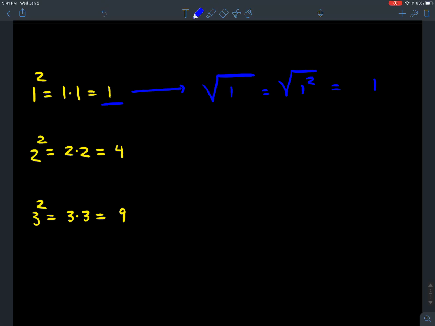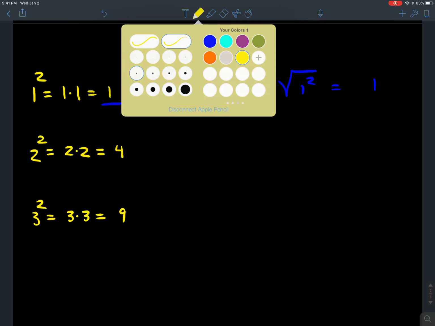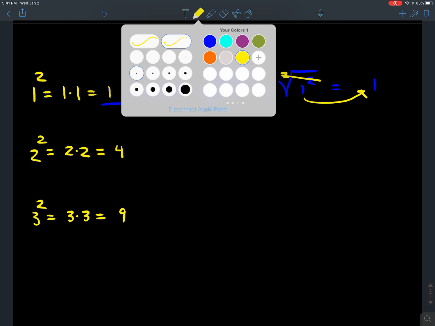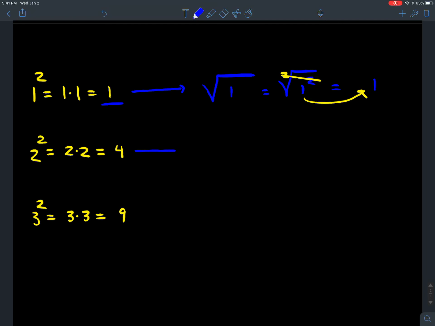1. The reason being, remember, there's an invisible 2. And what happens? These values cancel out, and the 1 is left over. Okay, let's do it again. We want to know the square root of 4.